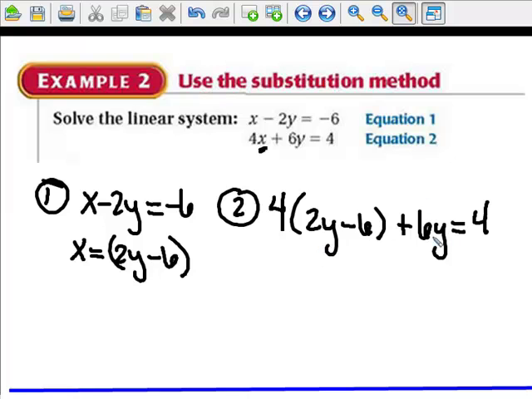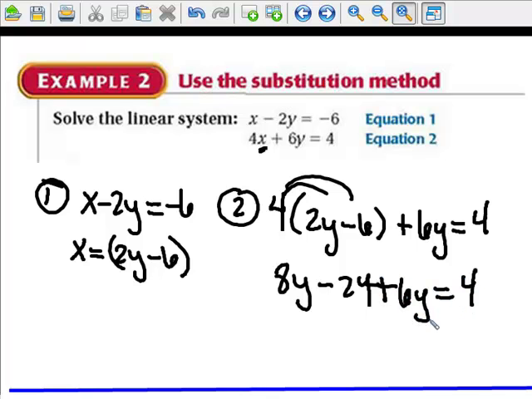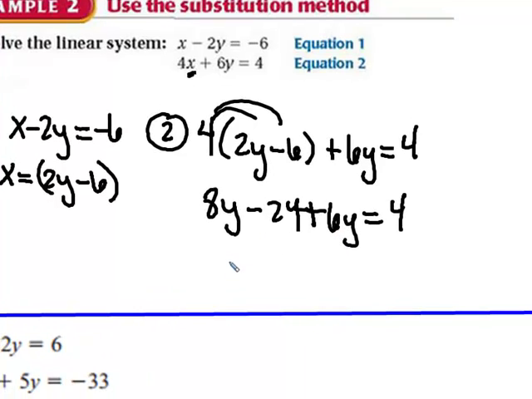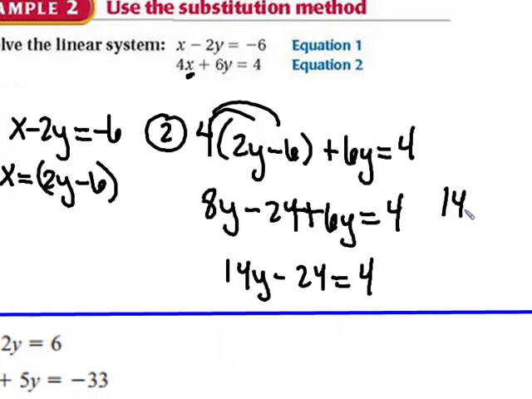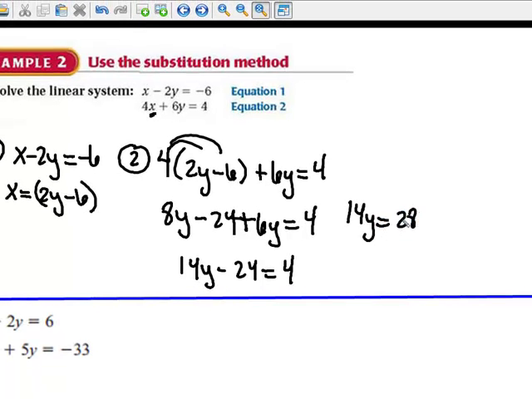And so now everything is in terms of y, and we're good to go. So distribute the 4. You get 8y minus 24 plus 6y equals 4. Combine the like terms, 14y minus 24 equals 4. Add 24 to both sides, so 14y equals 28. Divide both sides by 14 and y equals 2.